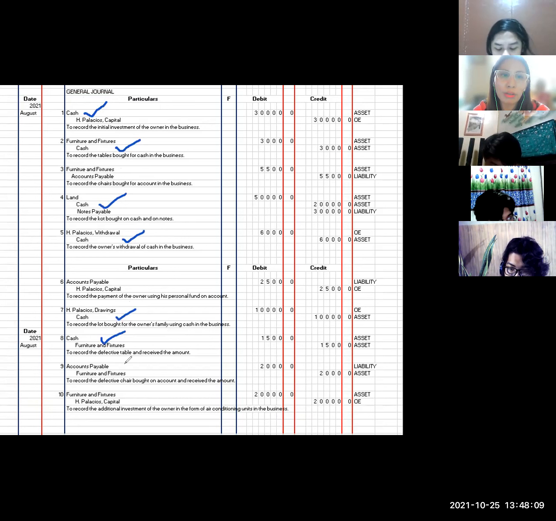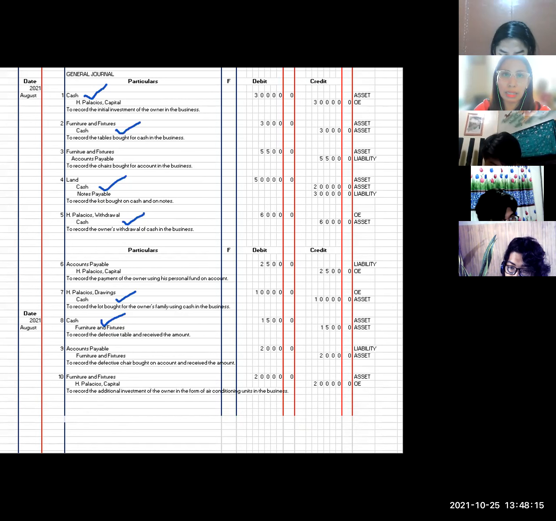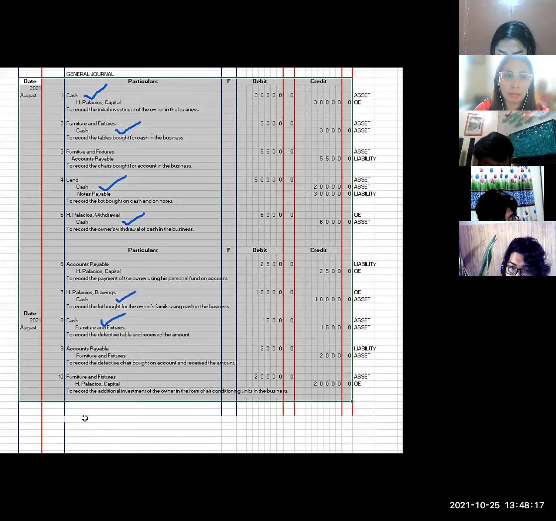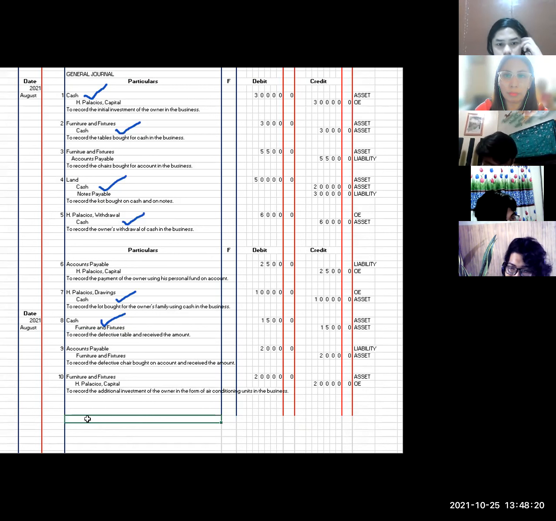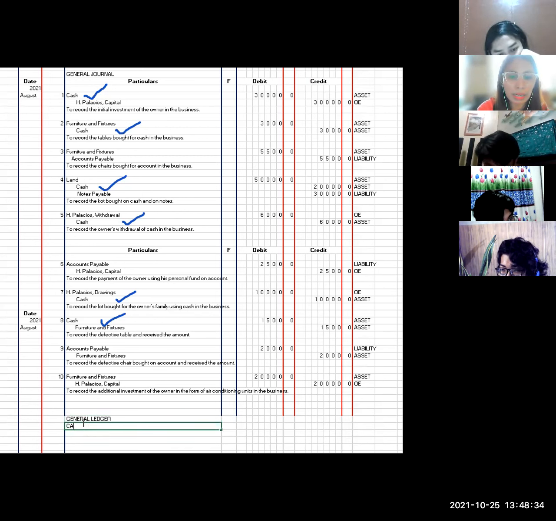Lahat po ng merong cash ay kukuhanin. The general ledger. Under the title cash.